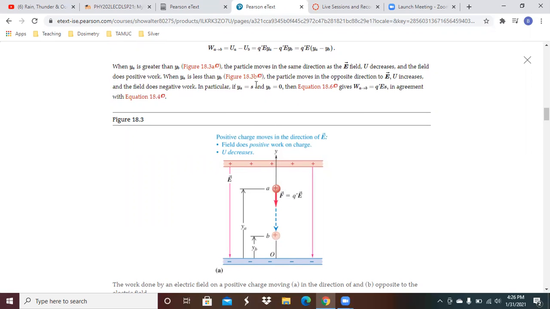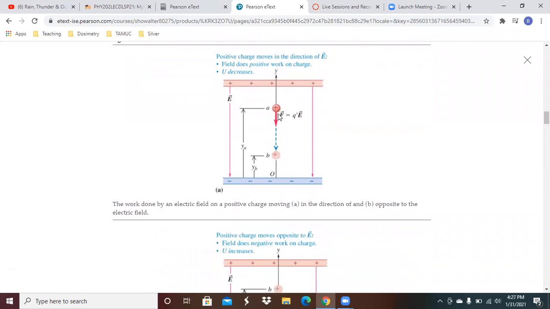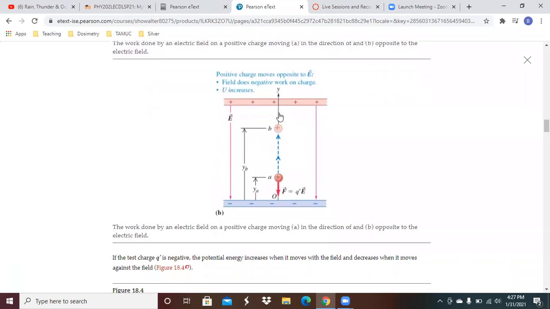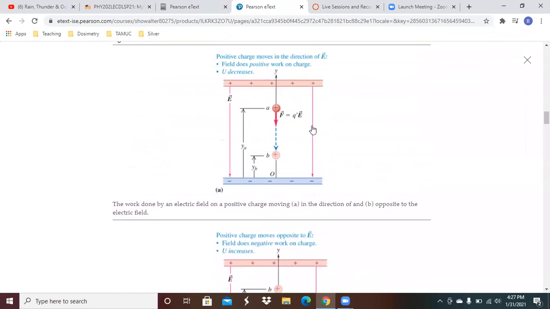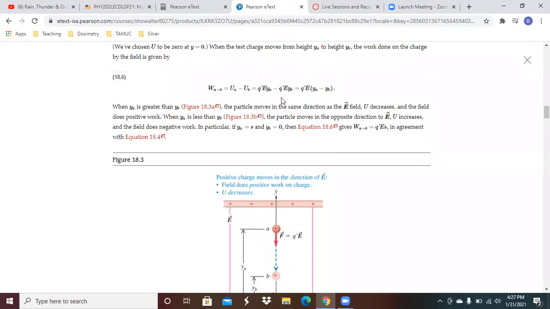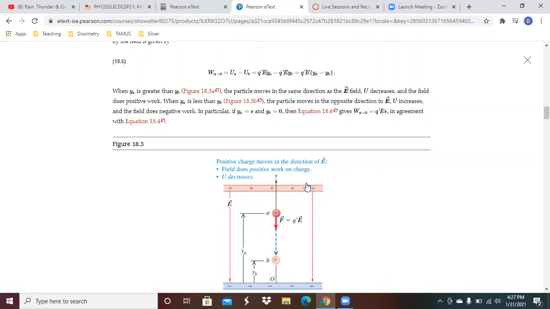In particular, if you redefine them as S and 0 as far as your start and stop points, then this gives you equation 18.6, and that's in agreement with 18.4. So you can see the differences here. You can see a positive charge, which you would expect moving from positive to negative, this would produce a force of Q prime times E, and then that information is turned back in here.